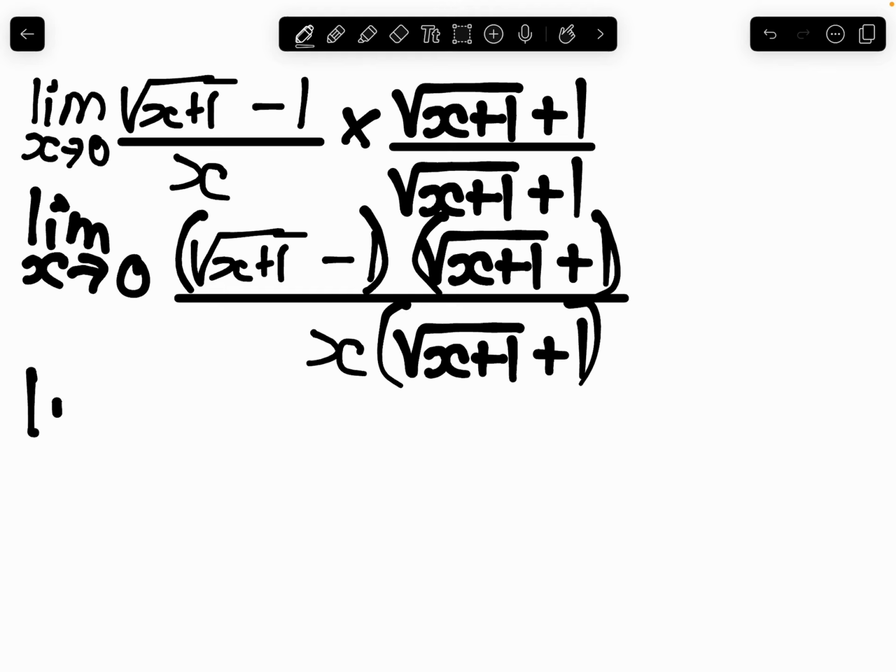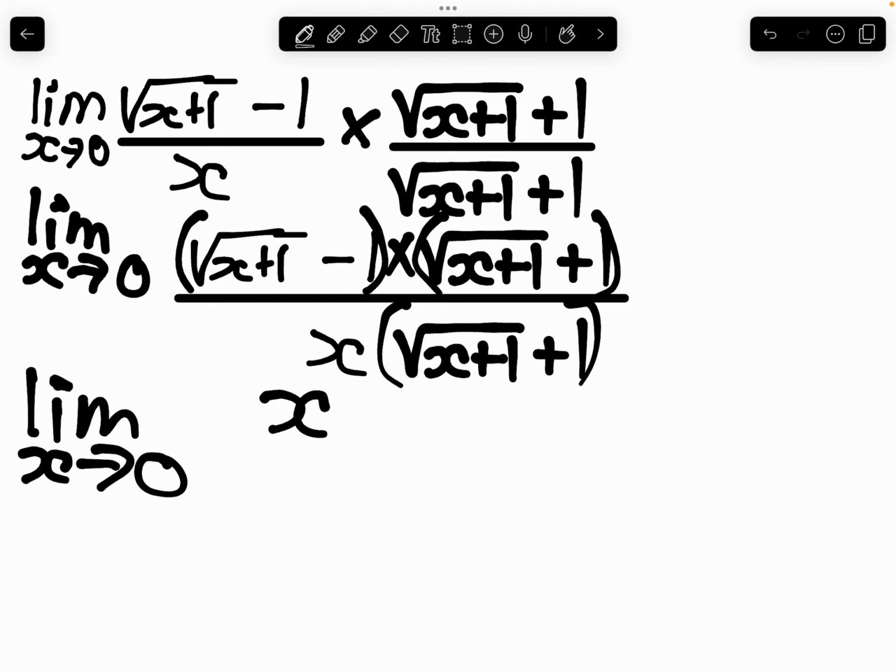For a side note, you won't cancel these out. This is wrong, okay? So you won't cancel those out. But what you will do is multiply these two expressions. So after multiplying these two expressions, we are only left with x, because positive 1 and negative 1 cancel each other out. And now we can just cancel x from down here.